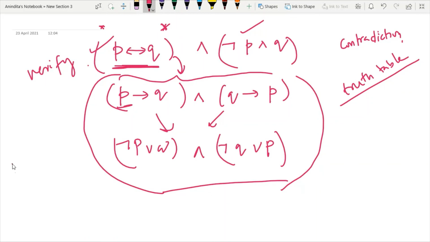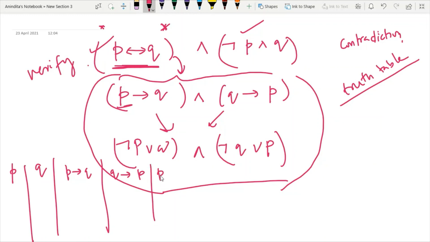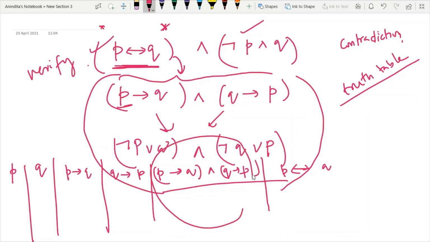We have P, we have Q, we have P implies Q, we have Q implies P, and then the rest of the statements are P implies Q and Q implies P. And this one is P double implies Q. So basically we have to compare these two, so that we can prove whether it is a contradiction or not.